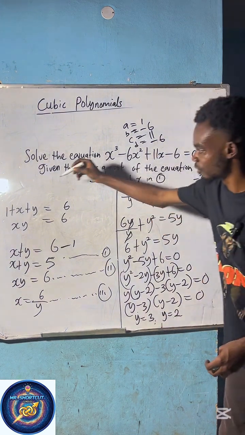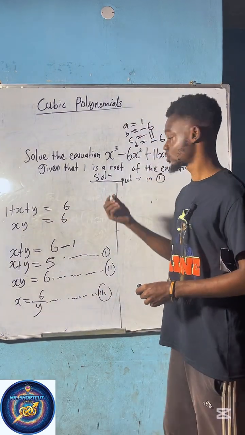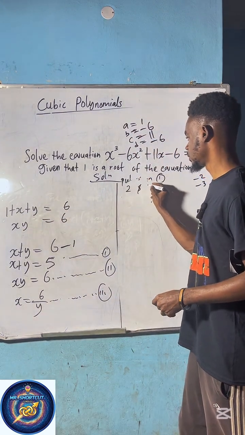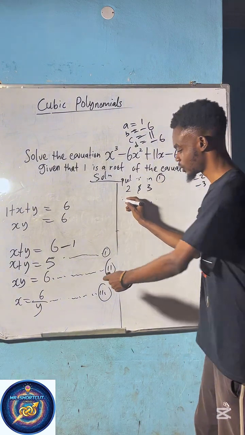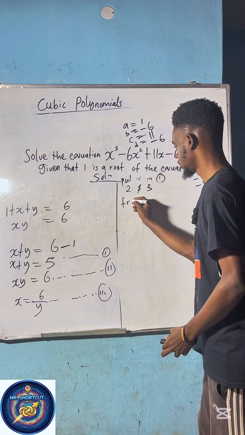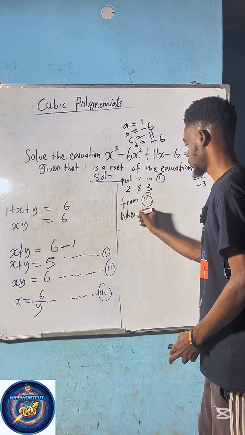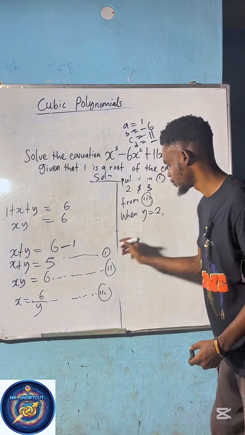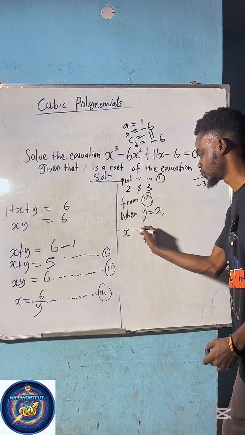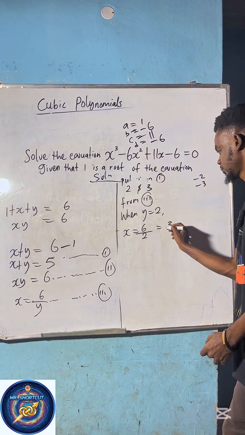Okay. Now we have found the value of y. Let's go and get the value of x. Since the values of y are 2 and 3, we are going to solve for when y is 2 and when y is 3. So let's consider equation 3. When y is 2, x will be 6 all over 2, which is 3.